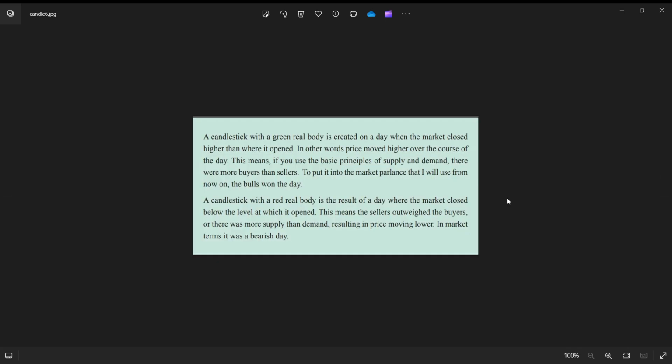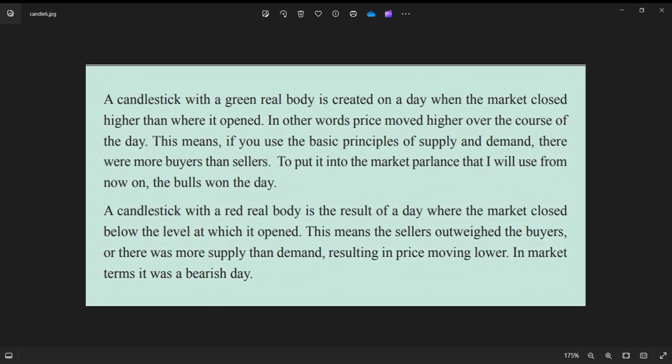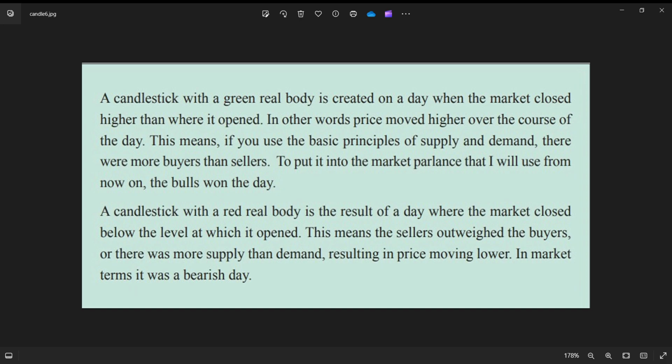This is it. Now, I said a candlestick with a green real body is created on the day when the market closes higher than where it opened. And I'm going to show you the close and open. We have seen it earlier, right? I'm going to show you. In other words, price moved higher over the course of the day.